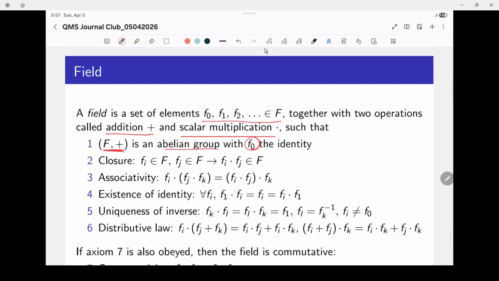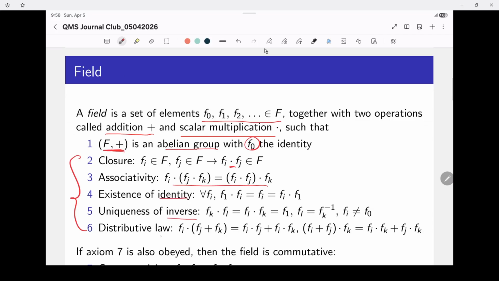The rest of these conditions, closure, associativity, identity, uniqueness of inverse and the distributive law, correspond to scalar multiplication. The first one is, of course, that when you do scalar multiplication of two field elements, the result should be inside the field. The same thing over here, they should be associative. Then you should have identity and the inverse should be unique.